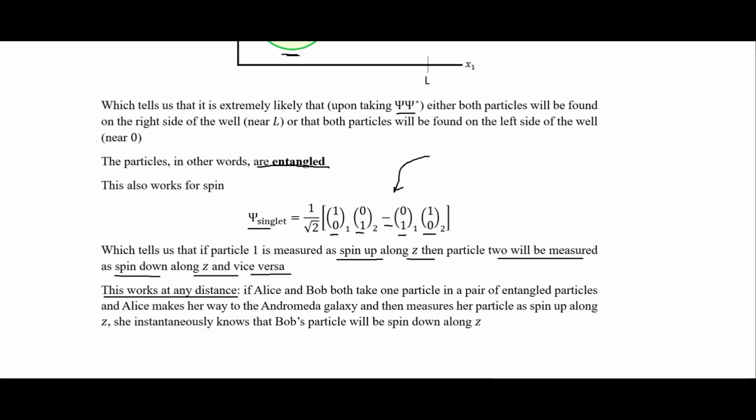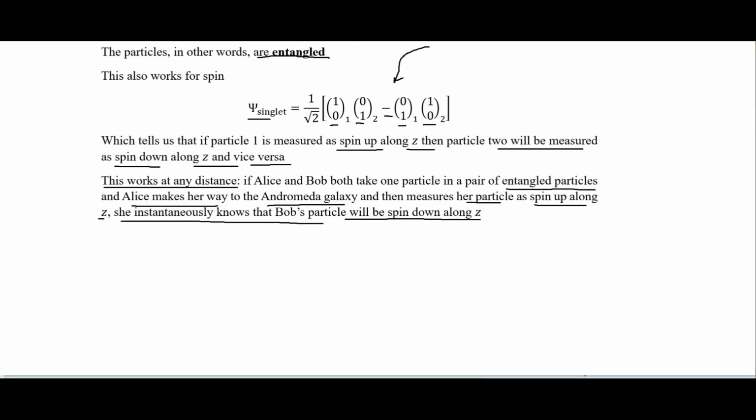And so, for instance, if we have Alice and Bob both take one particle in a pair of entangled particles, and Alice makes her way to the Andromeda galaxy while Bob stays here in the Milky Way, and then measures her particle as spin up along z, she will instantaneously know that Bob's particle would be spin down along z, because they will have that anti-correlation there. But yeah, that is the concept here of entanglement.